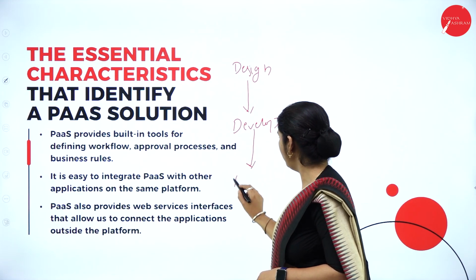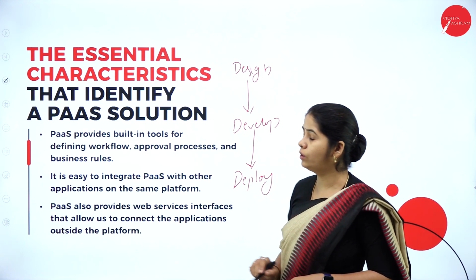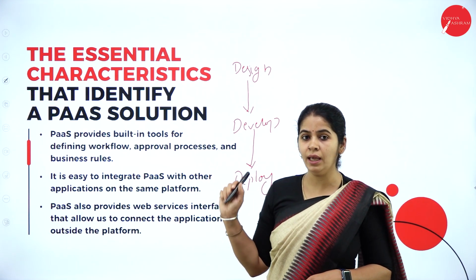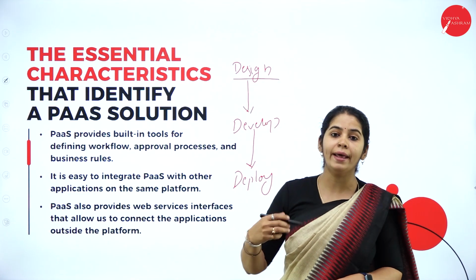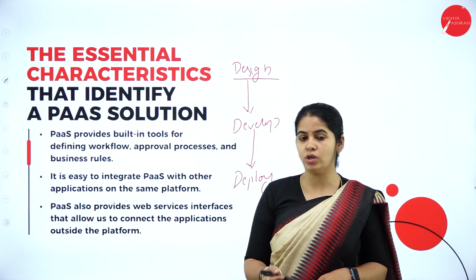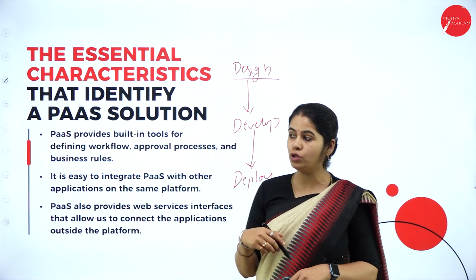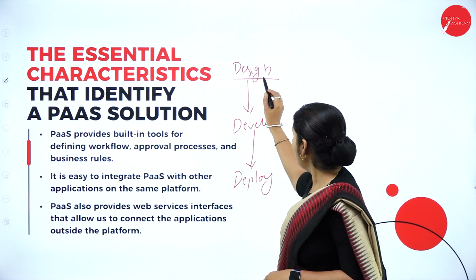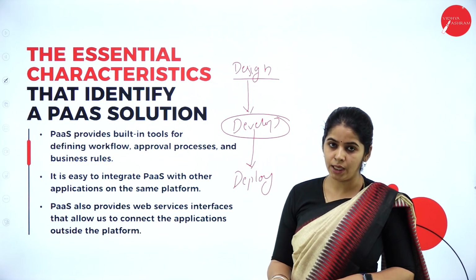After develop, we have to deploy. That's why I told you this is a 3D pattern. In design, you have to know what application you are building. You have to have the blueprint of the application, how it should look and what characteristics it should have. Then depending on the design, you are going to develop that particular application.